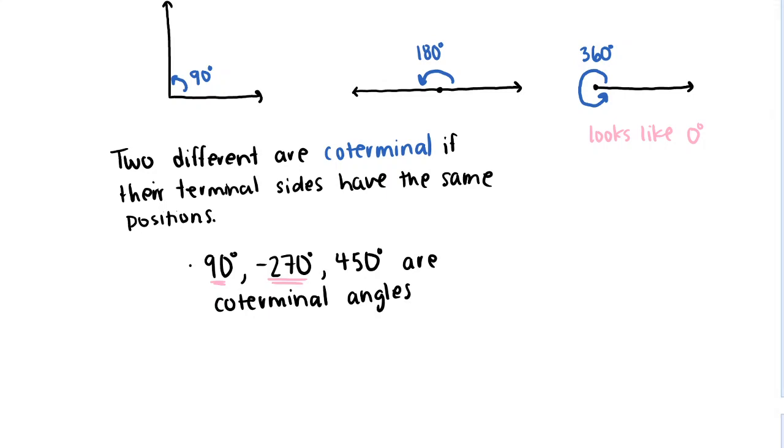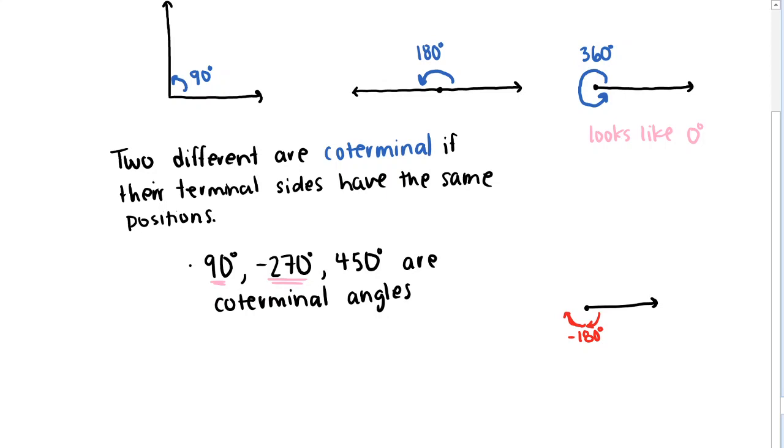If we have an initial side here, negative 270 degrees is telling me to rotate in the clockwise direction. Negative angles depict clockwise rotation. We know 180 degrees would be a half rotation, so all the way around, this would be negative 180 degrees.